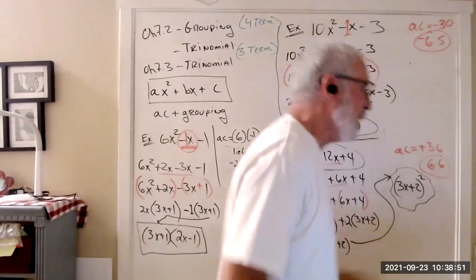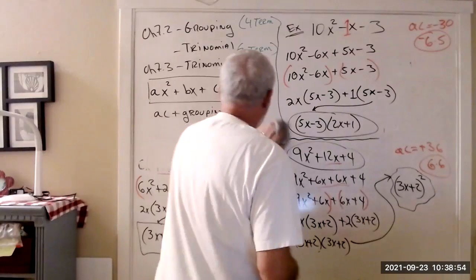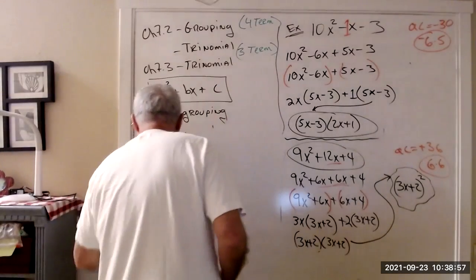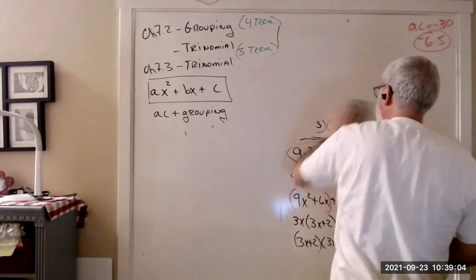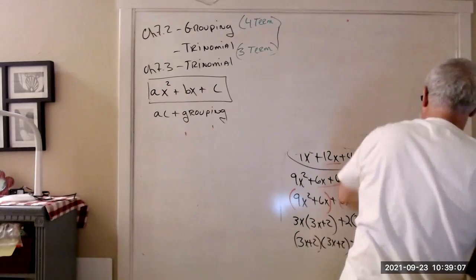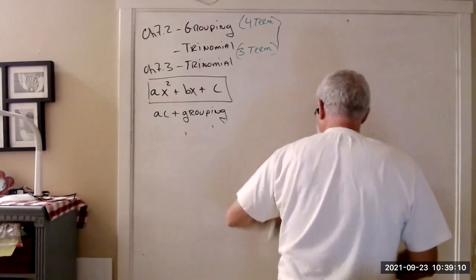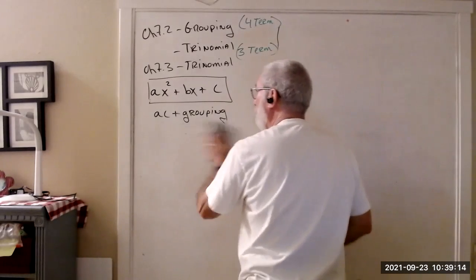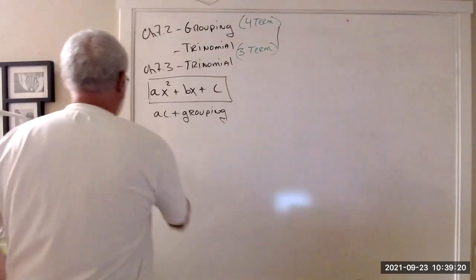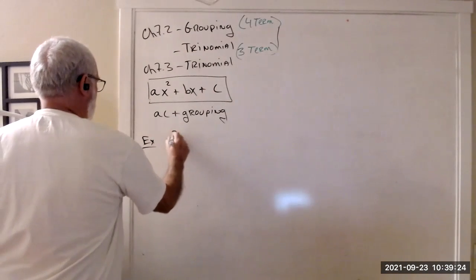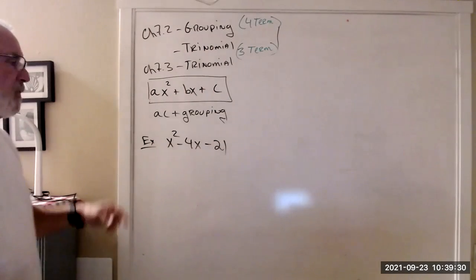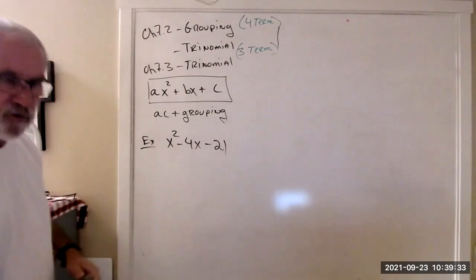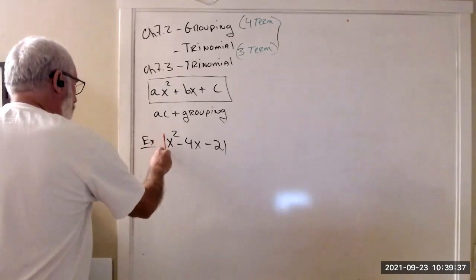But what happens if a equals 1? For example, what happens if we had this, where in this case the a is implied to be 1?